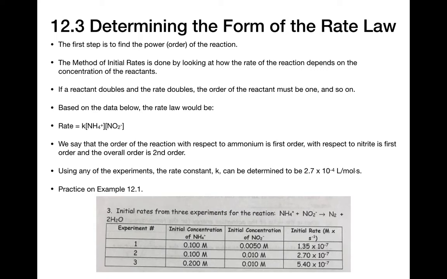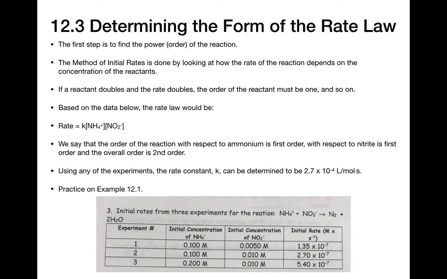With initial rates, you start your reaction with a certain known amount of reactants, and you measure the rate immediately after the beginning of the reaction, when the rate is based on the initial concentration that you added of the reactants.